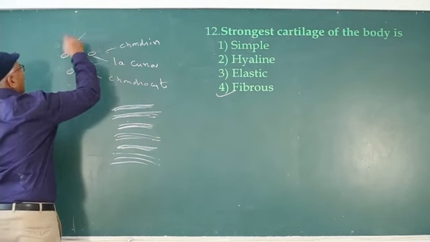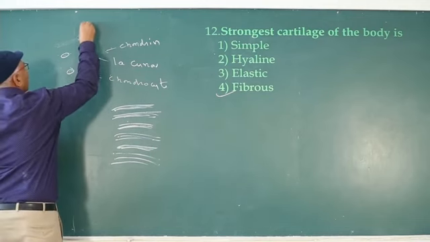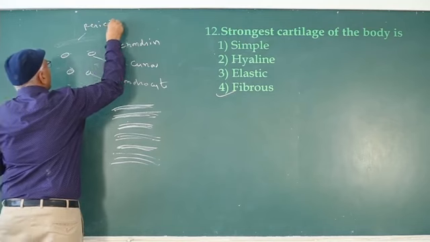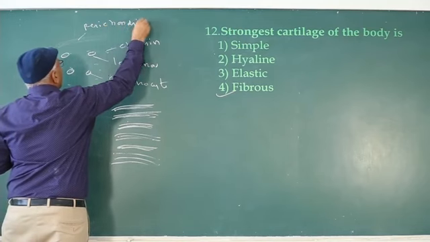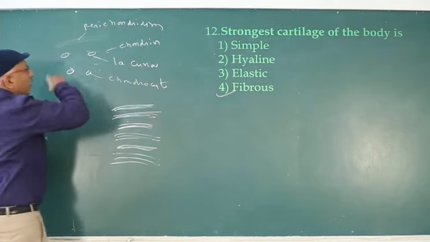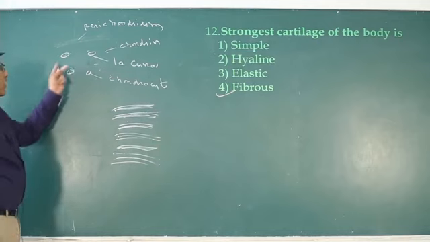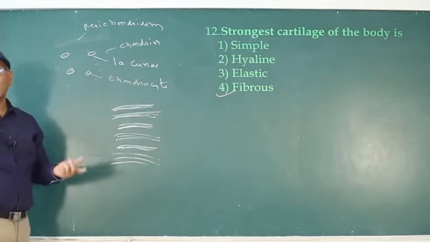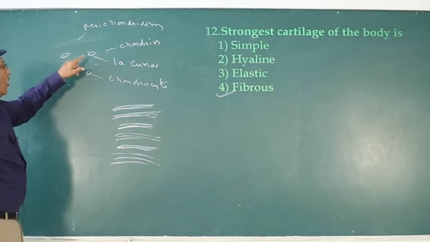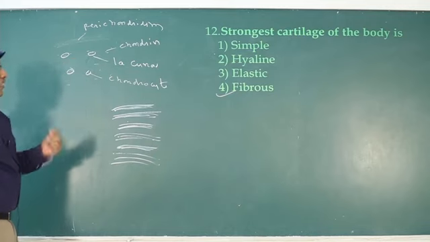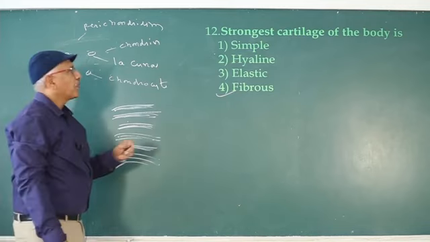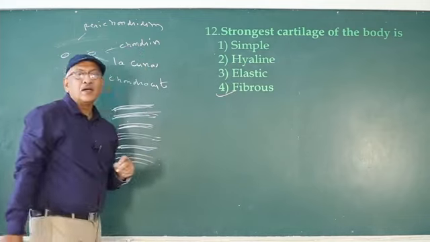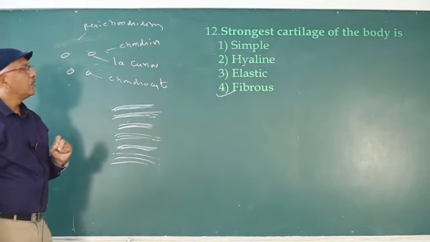The fibrous layer around the cartilage is known as perichondrium. Peri means around. It is present around the chondrium, the matrix of the cartilage. So due to the presence of thin collagen fiber bundles, hyaline cartilage is the weakest cartilage.